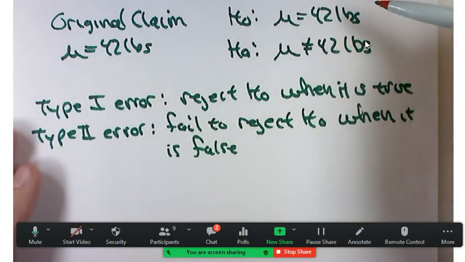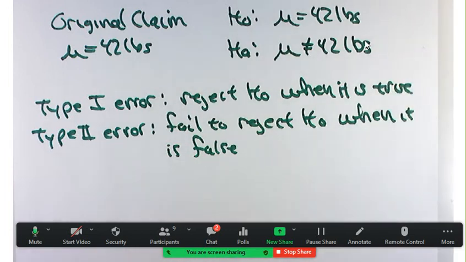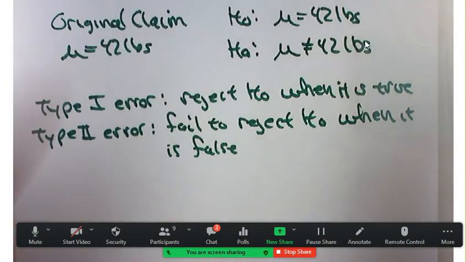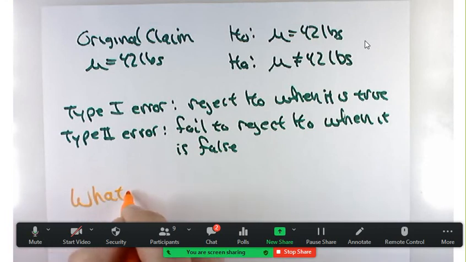So what would a type 1 error and type 2 error be here? The reason I give you these definitions is because I don't want you to give me a definition. I want you to interpret what this means as far as the problem is concerned. So for type 1 error, I want you to tell me what's true and what your decision was. So what is true about H naught?